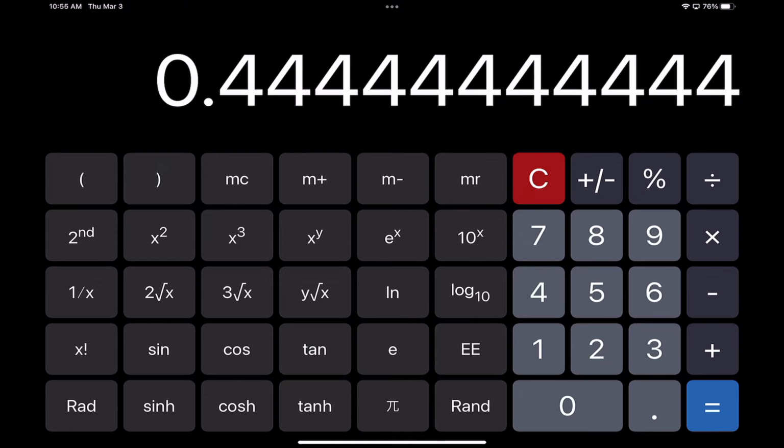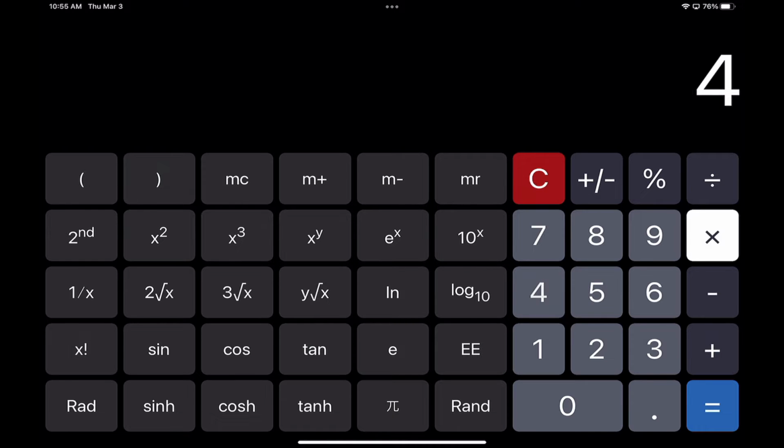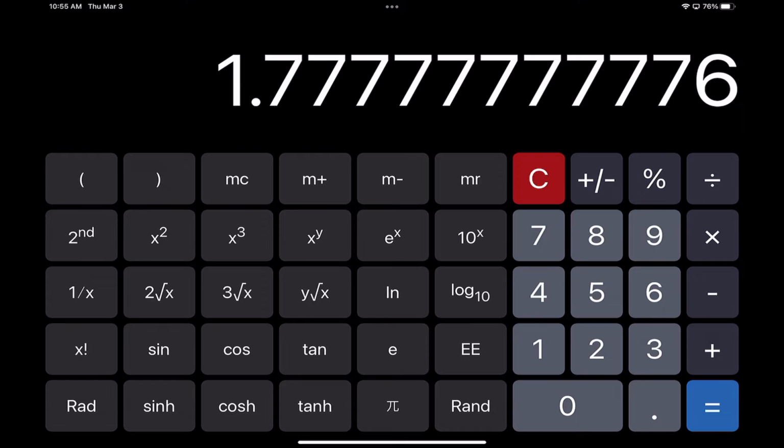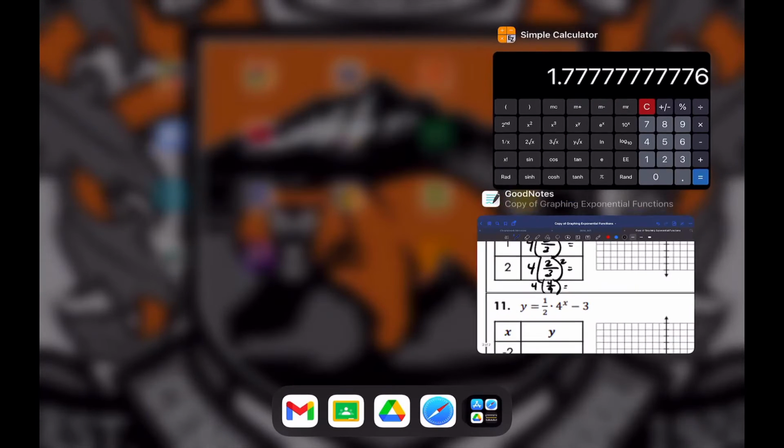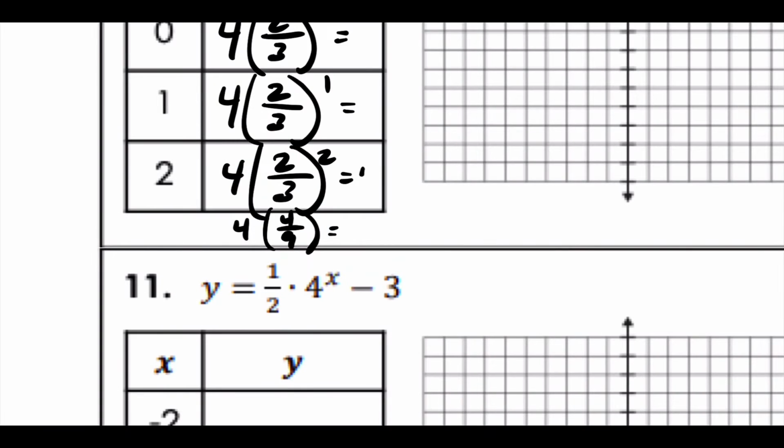So we're going to go that number times 4, and I get 1.77777777 forever and ever, all the way to where there's a 6. So I'm just going to go 2 places. If I were to round this, 1.78.